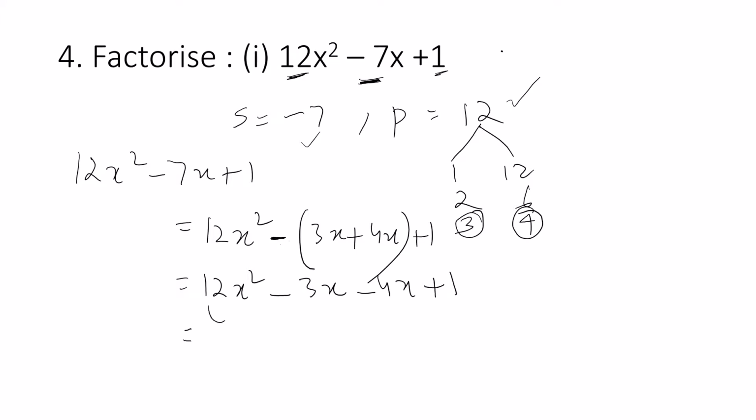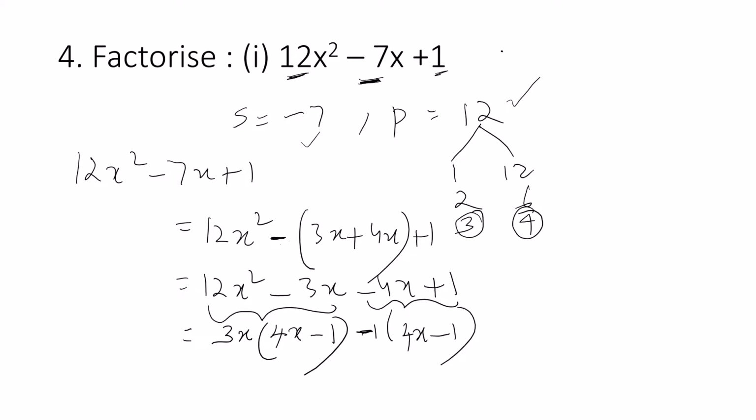Now look at the first two terms. What is common in 12x square and 3x? We can take 3 as a common factor, and also we can take x outside. So 3 into 4 is 12, x into x is x square, minus 3x into 1 is 3x. Now from these two terms, if I take minus 1 outside the bracket, then again I will get 4x minus 1 inside the bracket.